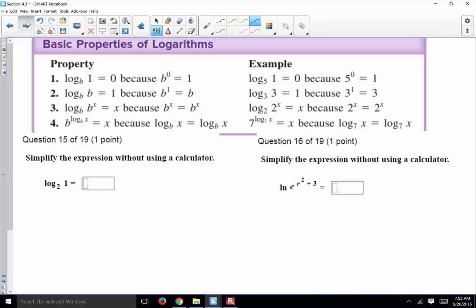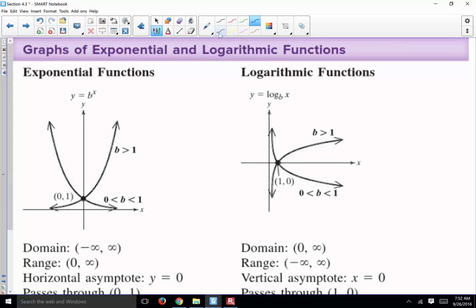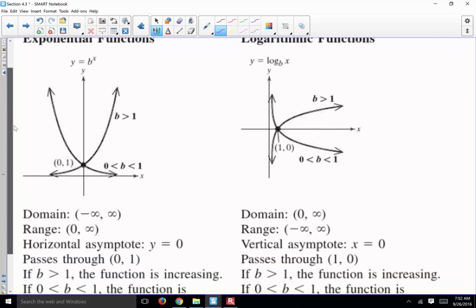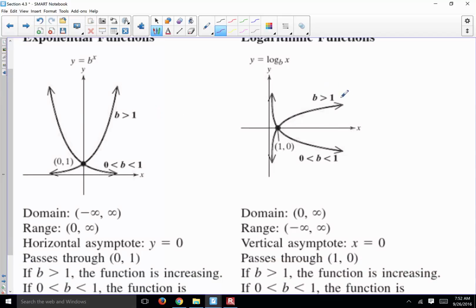And last time we finished with sketching logarithms. There are basically 2 graphs of logarithms. If the base is larger than 1, it goes up on the right side. If the base is less than 1, it goes down as x gets larger and larger.